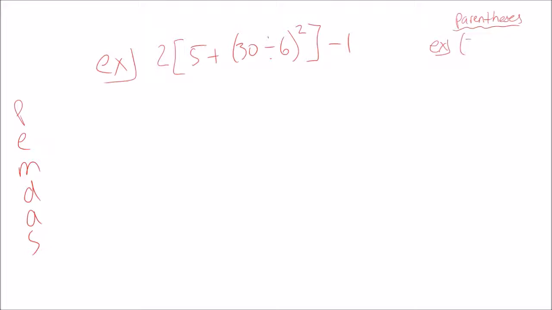If I had in parentheses 30 divided by 5 minus 1, basically the parentheses are telling me to apply PEMDAS within, and that's how you treat it. When parentheses are applied to an expression, whatever's in that parentheses is a separate expression in and of itself. So you need to reapply PEMDAS.